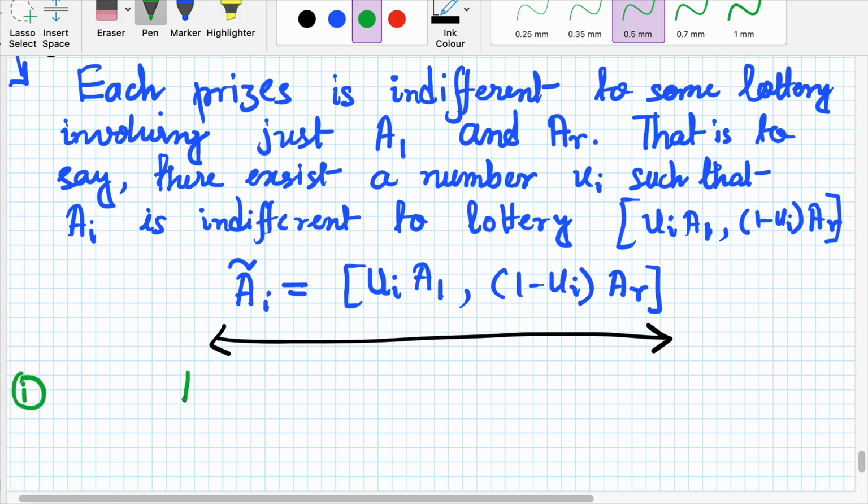Since we know that Ai is in between A1 and AR, A1 is preferred over Ai, and Ai is preferred over AR. I should write it in this way.